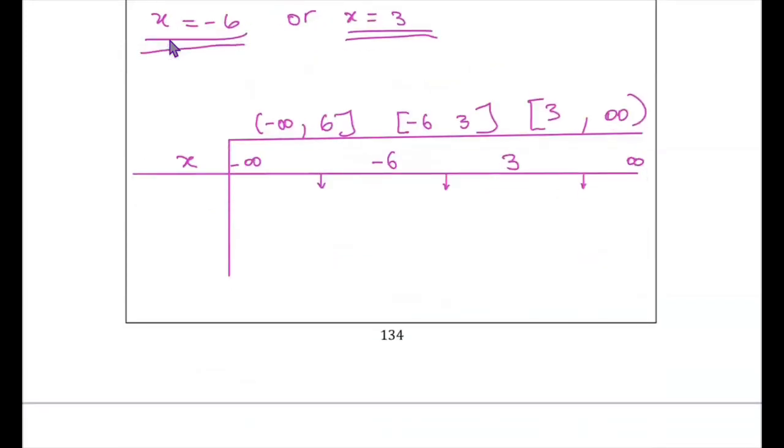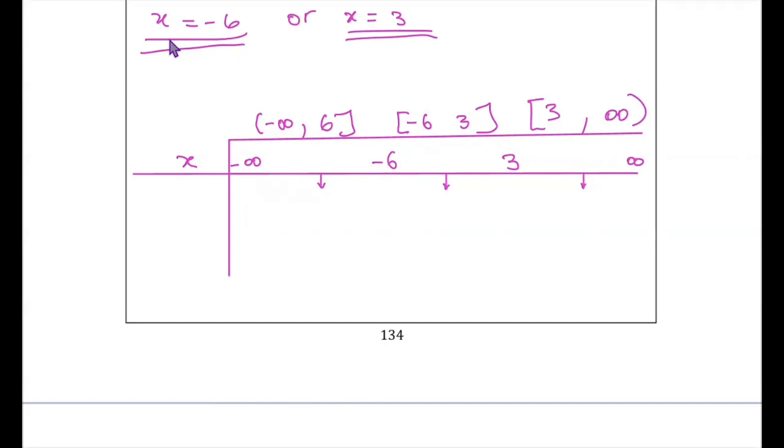Now, to identify which interval works, we're going to take some values from each interval. Whatever the sign of the expression is for the test value, it's going to be the same for any value taken in this interval.